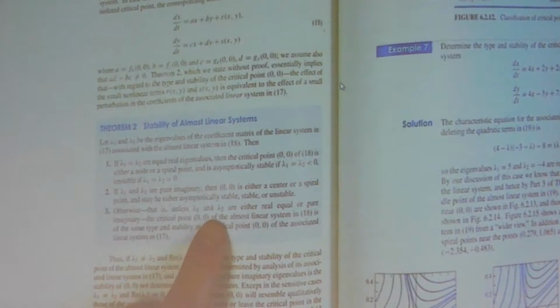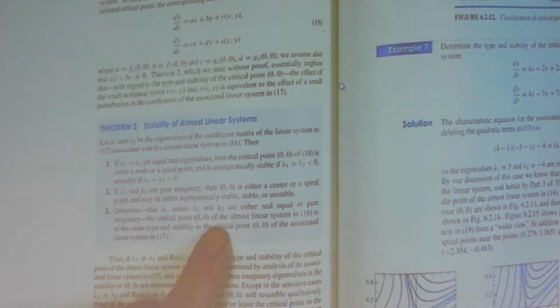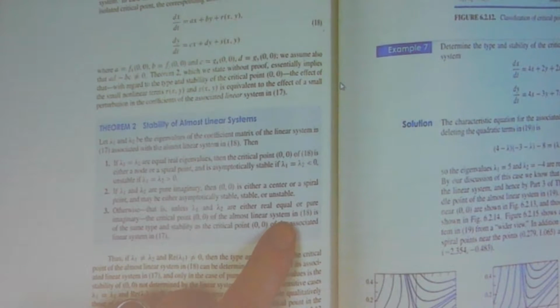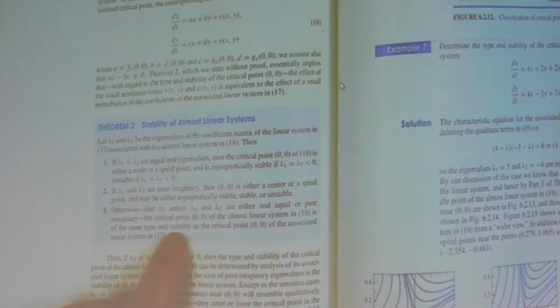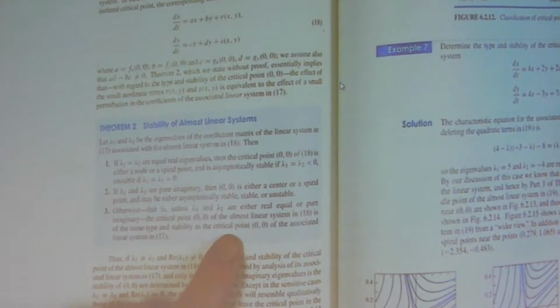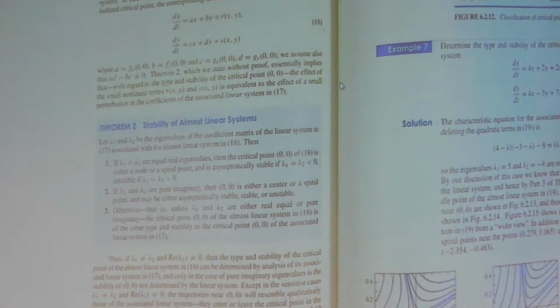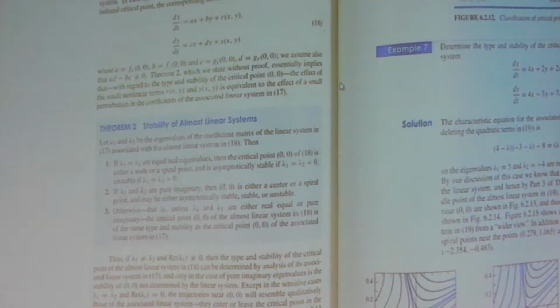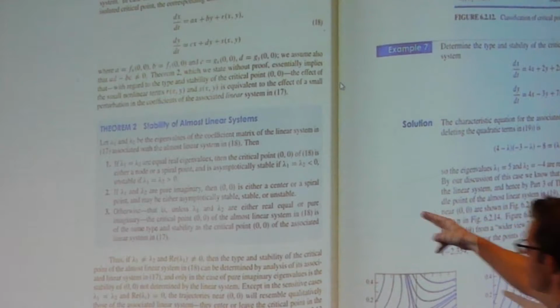Otherwise, if lambda 1 and lambda 2 are any of those other situations, then the critical point of the almost linear system, the linearized, of the original, is the same type and stability as the critical point 0, 0 of the associated linearized matrix, or linearized system. So they're the same in all those cases, except when the eigenvalues are equal.